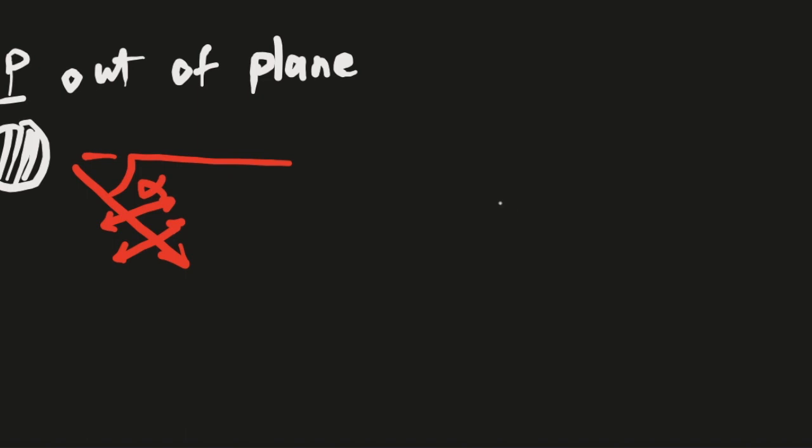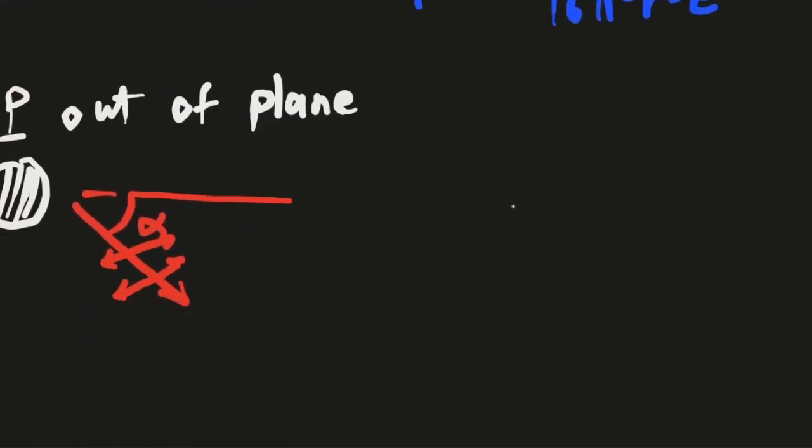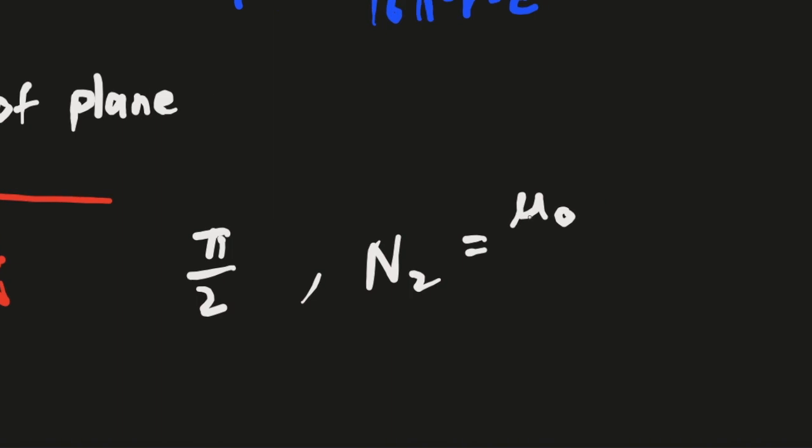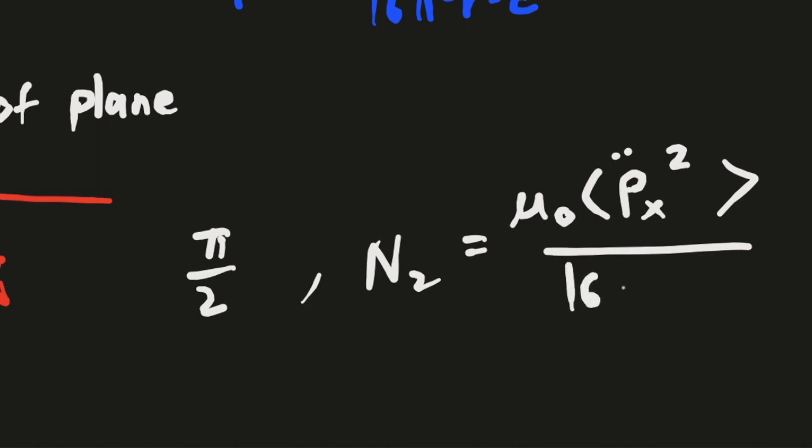So the electric field is out of the scattering plane. Previously, the electric field was in the scattering plane. So now at polar angle pi over 2, you can get re-radiated flux mu naught px squared over 16 pi squared r squared c.